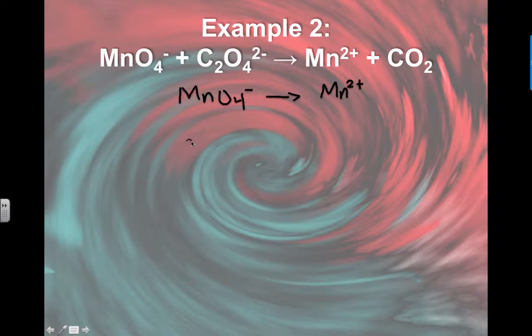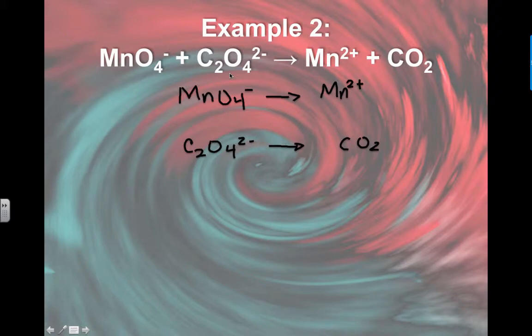And then we also need to keep track of what's happening with carbon in the oxalate ion as it turns into carbon dioxide gas. So our starting place is to write the half reactions, and usually when you have two reactants, then you just write a half reaction for each of them.